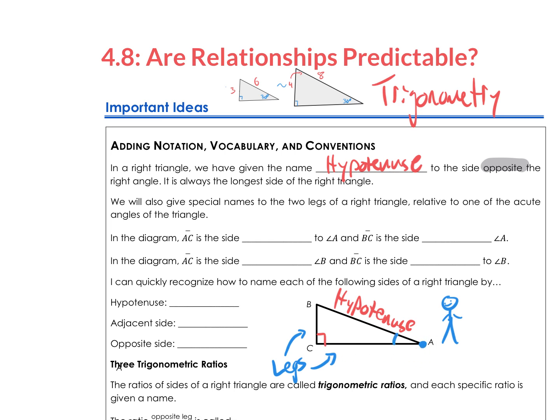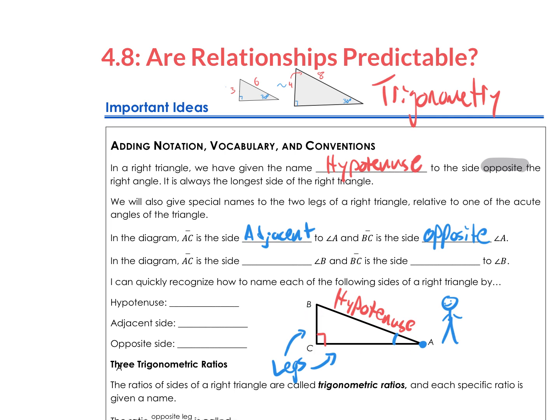And so we say that that is adjacent. Adjacent means next to or connected to angle A. And if you're standing over here, then this side BC is all the way on the other side of the triangle. So BC there is the side that's opposite to angle A.